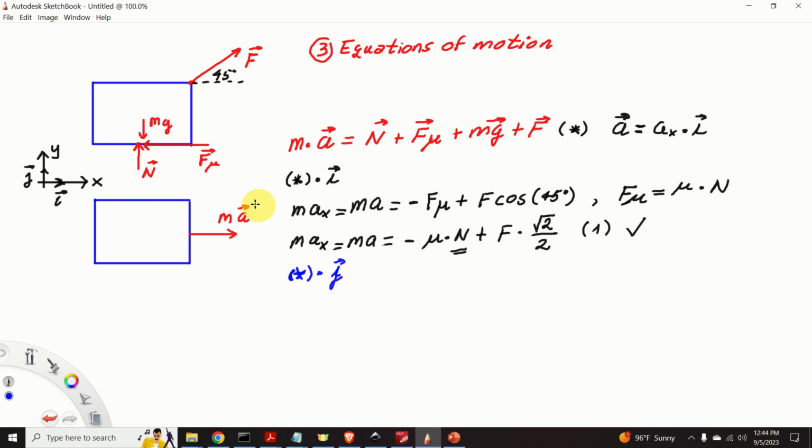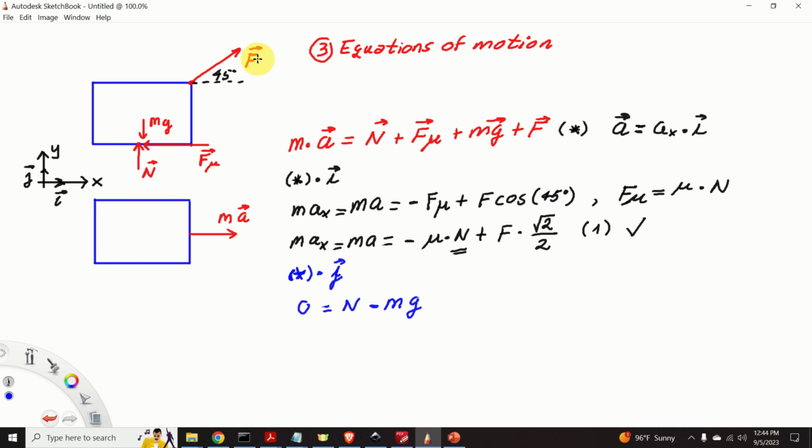Let's see the projections. Obviously, the acceleration doesn't have the projection onto the y-axis, so we can write 0 for this part over here. N projection is simply N. F mu doesn't have the projection onto the y-axis, and we also have minus mg.